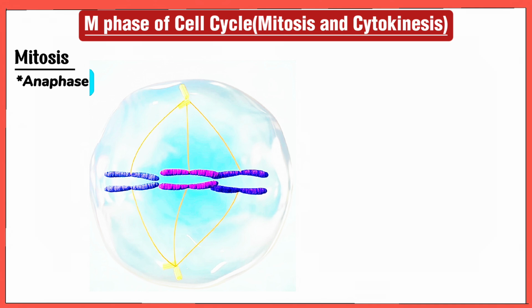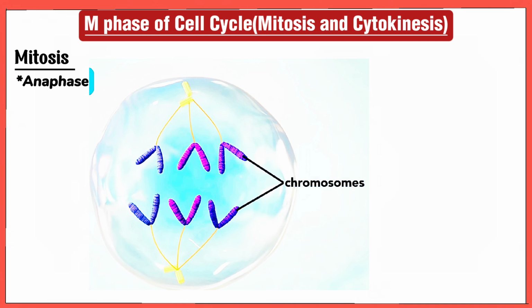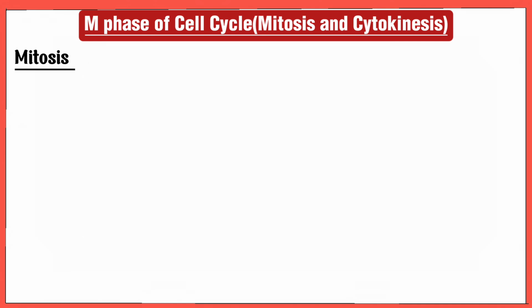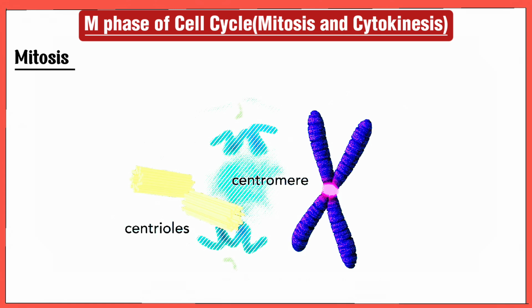Now, the single-stranded chromosome forms a V shape as the spindle fibers draw them through the gel-like cytoplasm, dragging the chromosomes to the opposite poles of the cell towards their centrioles. Many times students may confuse these centrioles and centromere. Well, remember the centrioles are at the poles, while the centromere is the center of the sister chromatid.